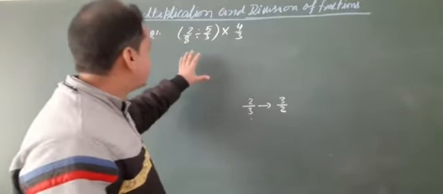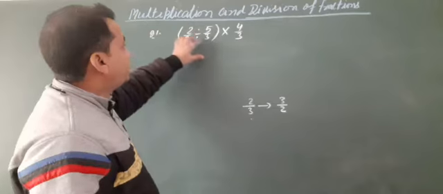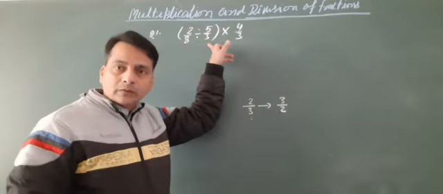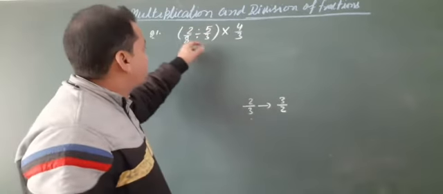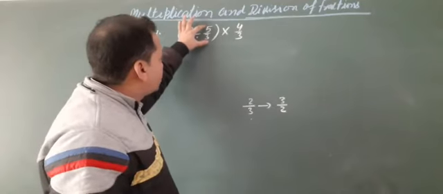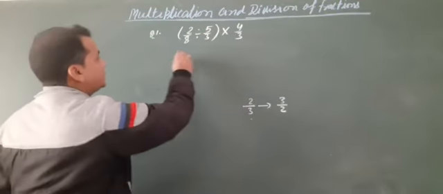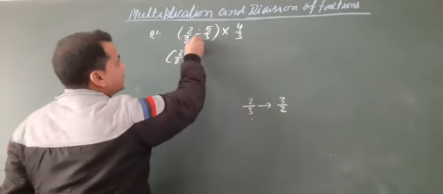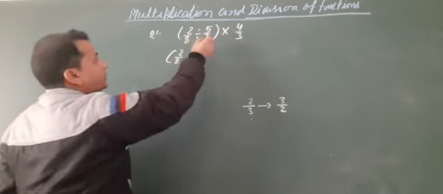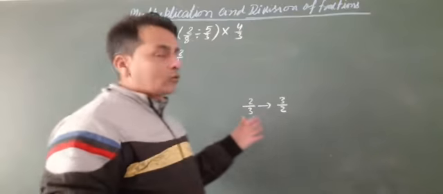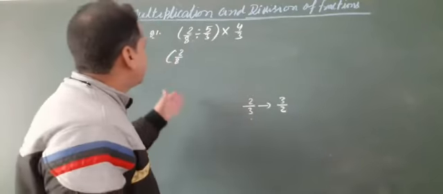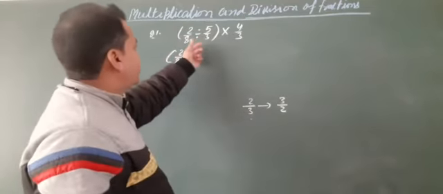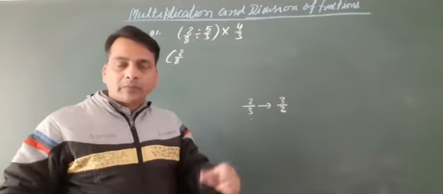So in this question, 2 by 8 divided by 5 by 3. First of all, take the reciprocal of 5 by 3. If we convert to the reciprocal of the given number, then the sign of division will change to multiplication.